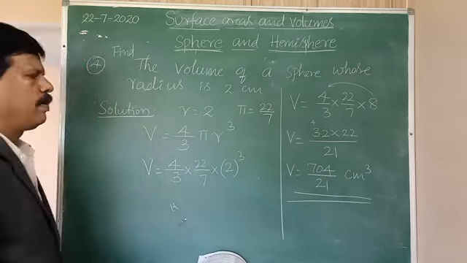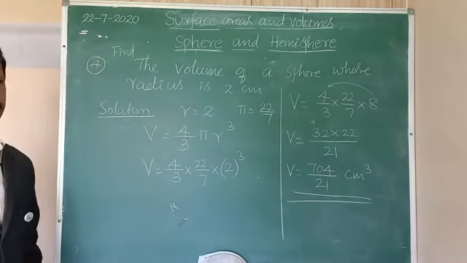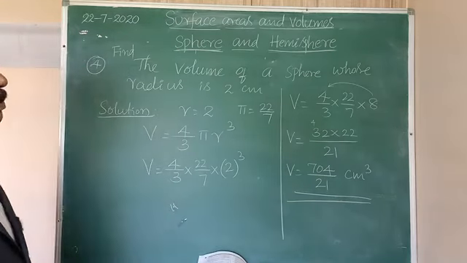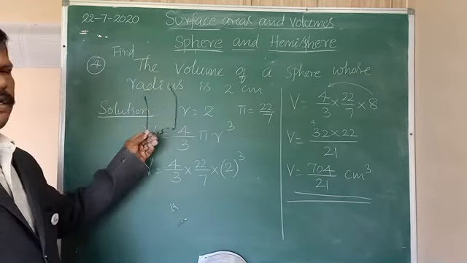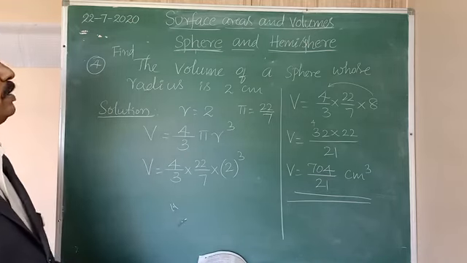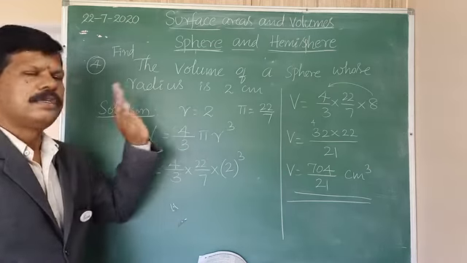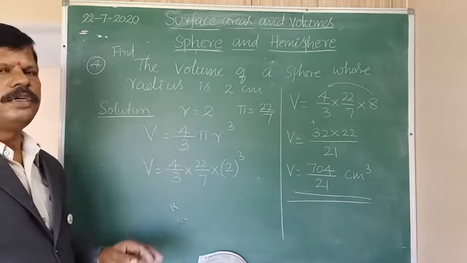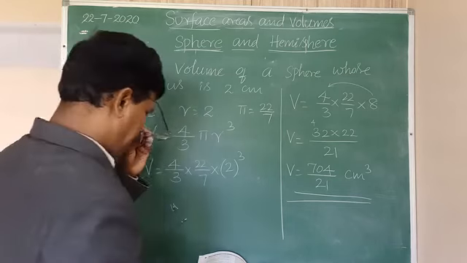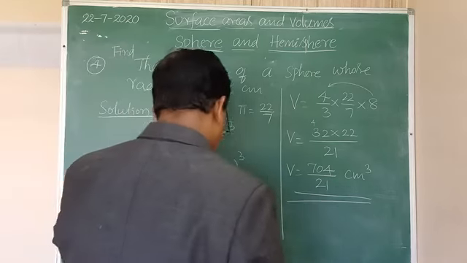If you want, you can divide 704 by 21 and keep it in decimal. Clear? This is the volume of a sphere when its radius is given. So, the thing is remembering the formulas. Okay. Now, another one.